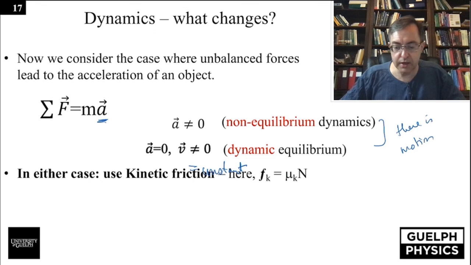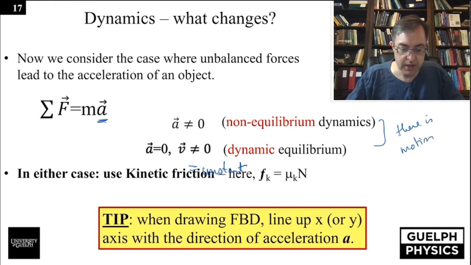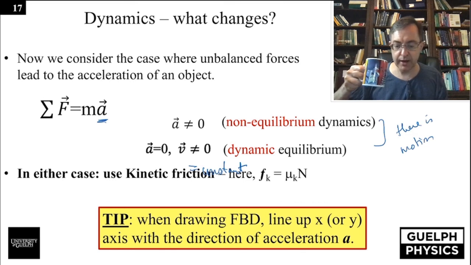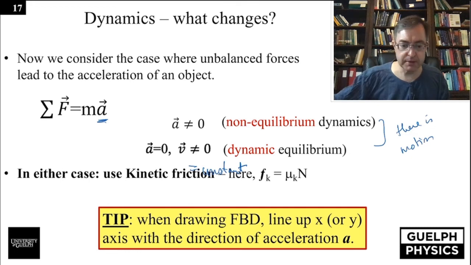These dynamical problems will involve sliding friction, where the kinetic friction is given by a coefficient of kinetic friction, mu k, times the normal force. And a pro tip here, when drawing the free body diagram in a situation where you have an acceleration, you'll want to draw one of the axes to line up with the direction of the acceleration. It just greatly simplifies the problem.